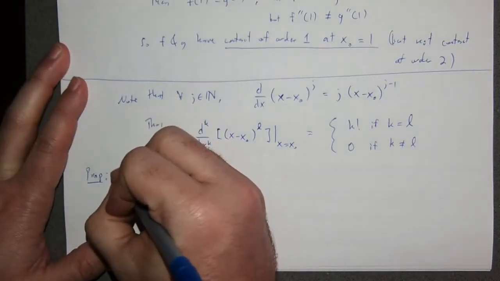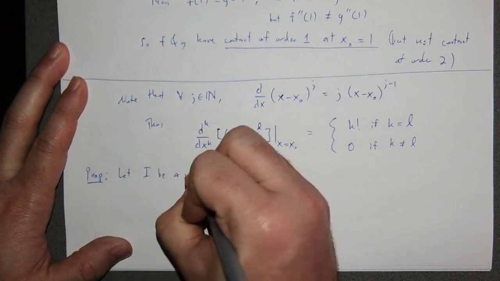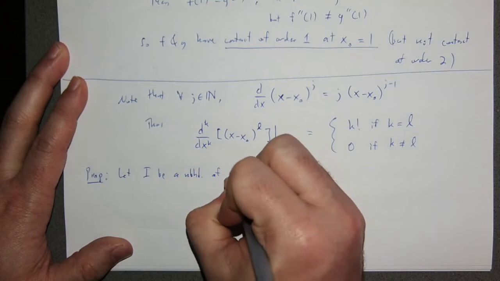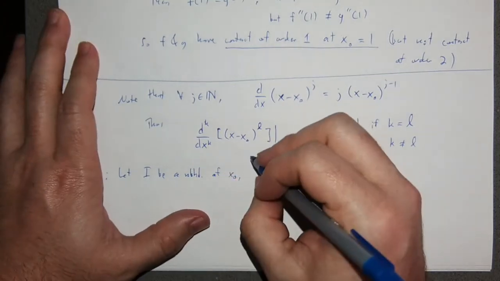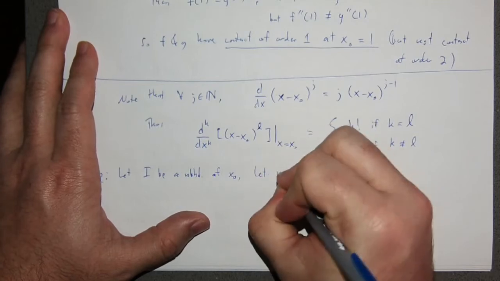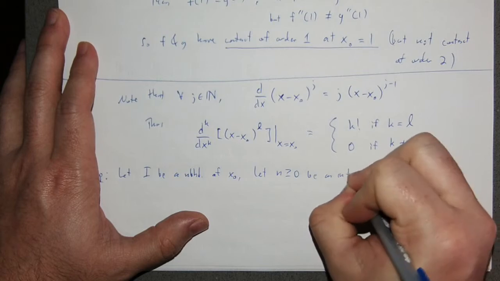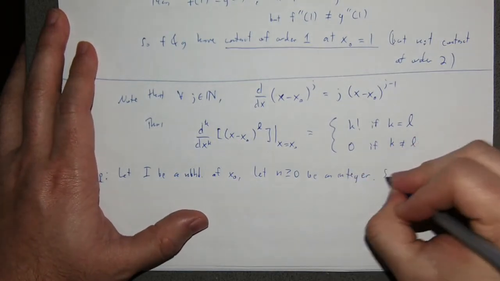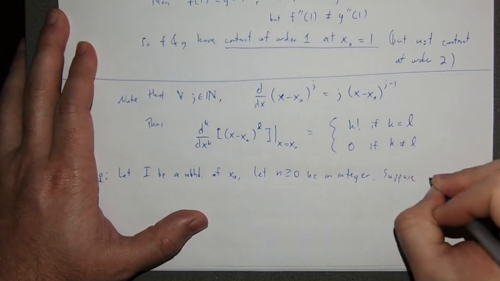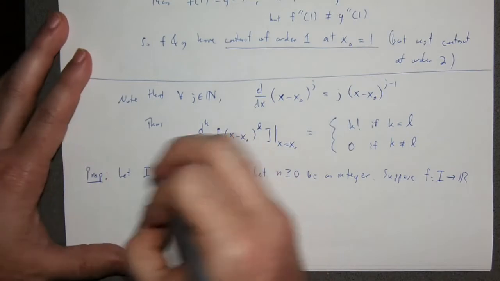Let I be a neighborhood of the point x naught. Let n be a non-negative integer. Suppose that f from that neighborhood into the reals has n derivatives.